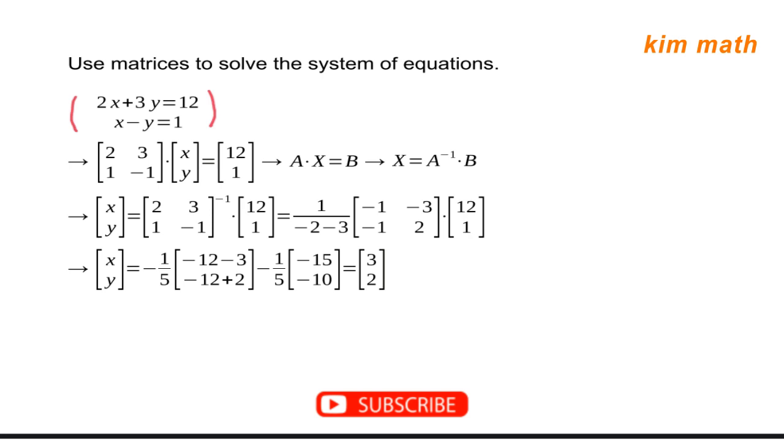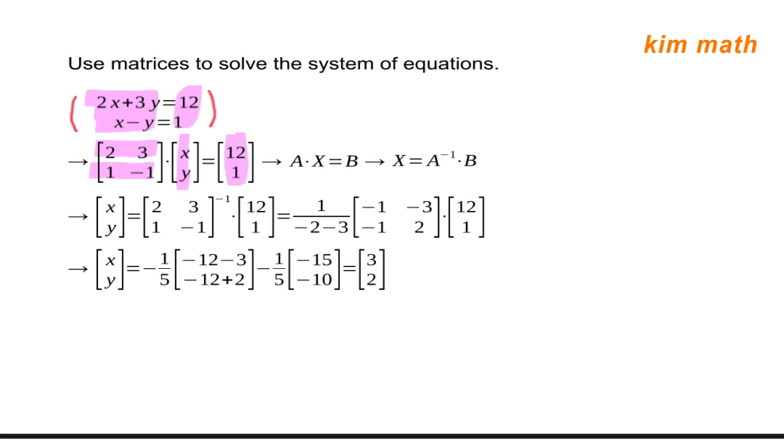If you have [[2, 3], [1, -1]] times [x, y], please note that that is here, right? If you multiply the two matrices, you can get 2x plus 3y and x minus y. And 12 and 1 is just here. Okay?